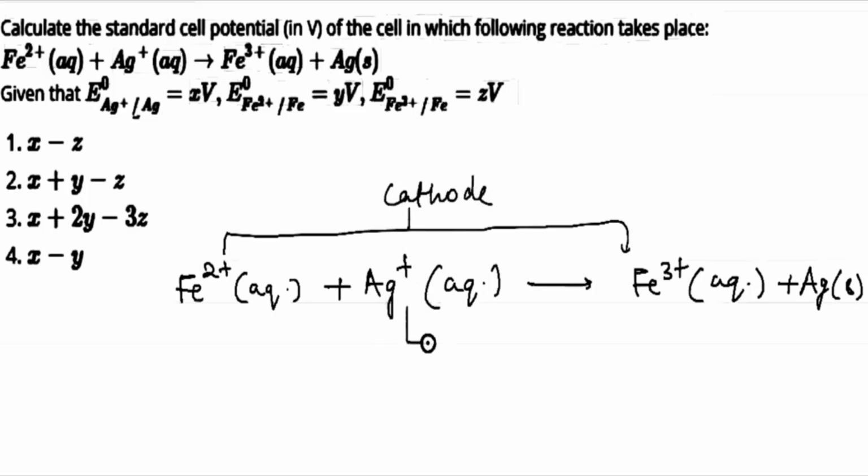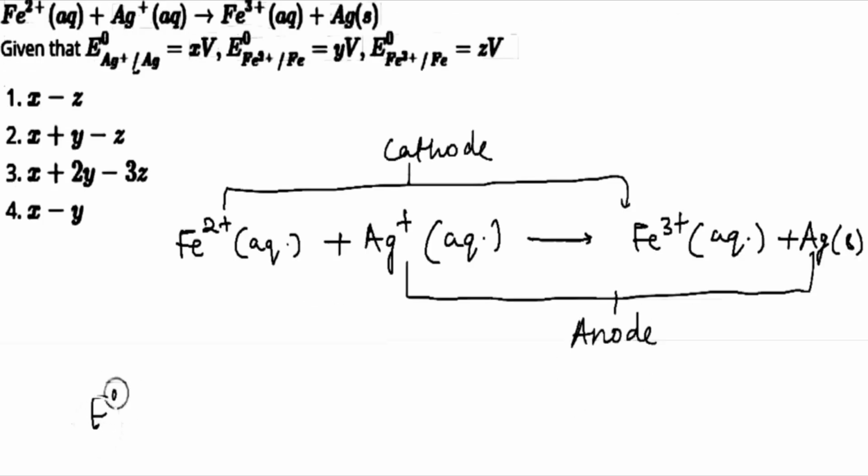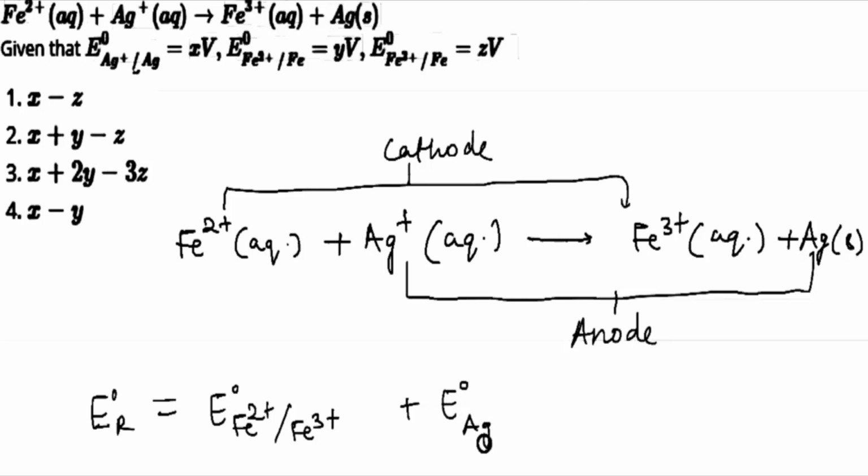And here Ag plus is converted as Ag solid. Here reduction is taking place, so this reaction will take place at anode. So E naught for this reaction is equal to E naught for Fe2 plus converted as Fe3 plus, E naught for Ag plus converted as Ag.